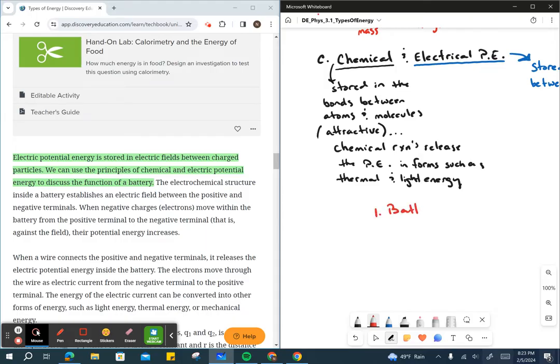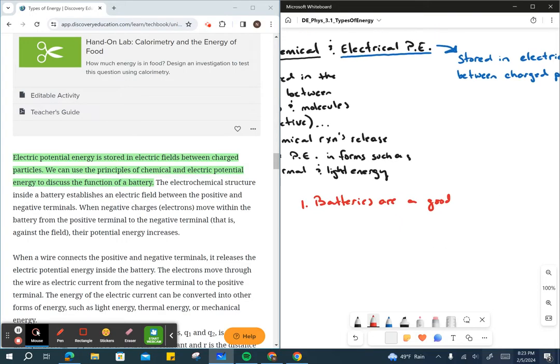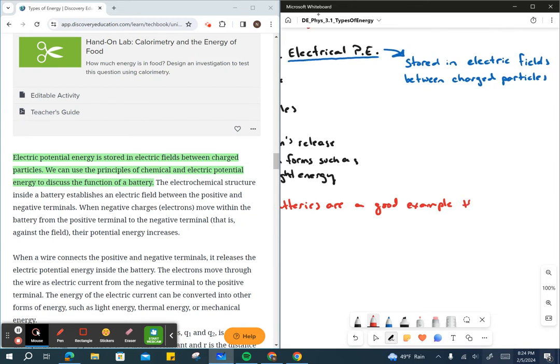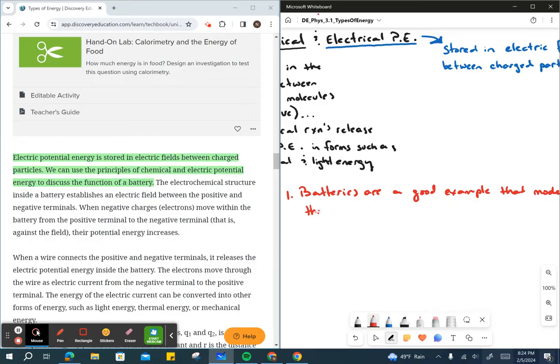Batteries are a good example that models these types of potential energy. Okay.